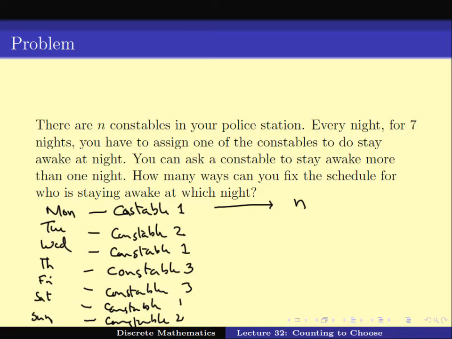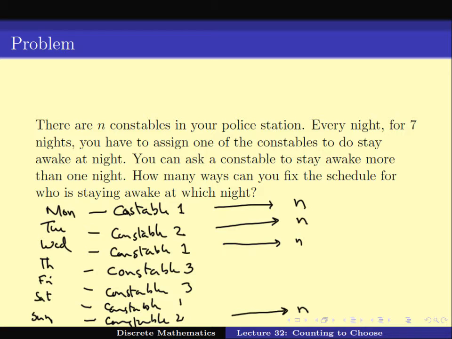On Tuesday, again the number of ways I can assign is n. I can ask any of the n constables again to stay awake at night. On Wednesday again n. And in fact for all the days, the number of ways I can assign a constable to that day is n.